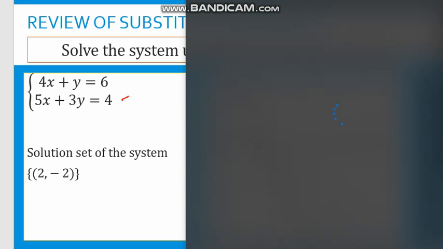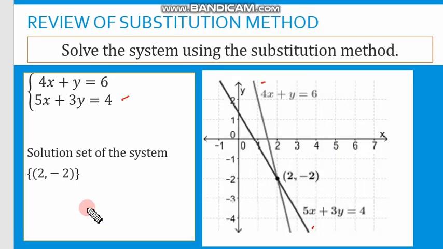This is its graph. Their point of intersection is the solution of the system, at 2 and negative 2. Those are the answers. So x is 2, y is negative 2. And by looking at the graph, that is the point of intersection.